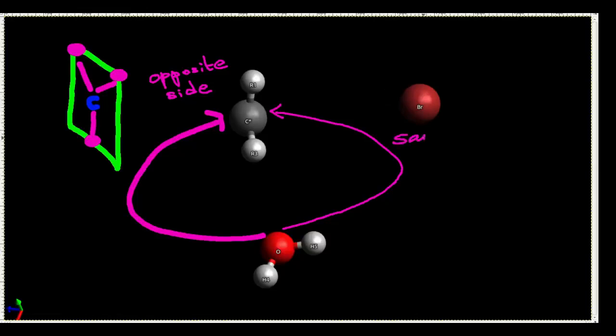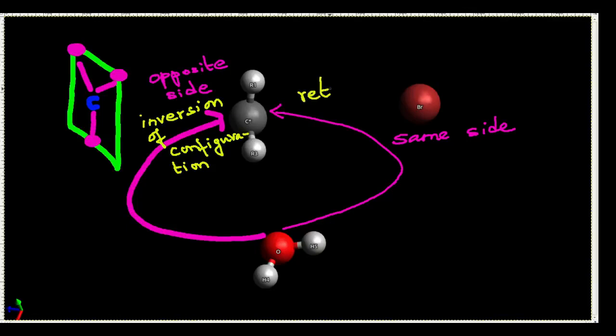If it is attacking from the opposite side, then you will have inversion of configuration. But if it is attacking from the same side, you will have retention of configuration.